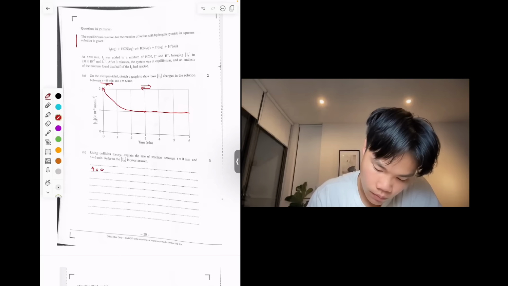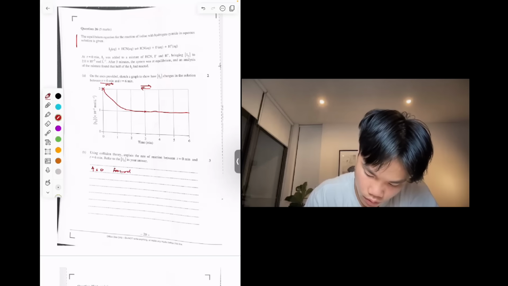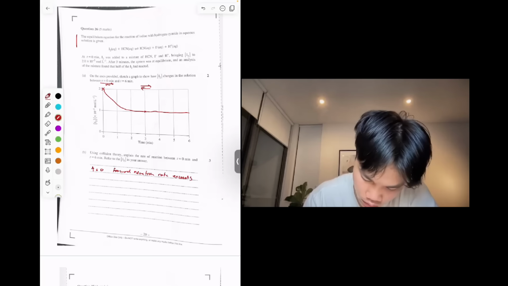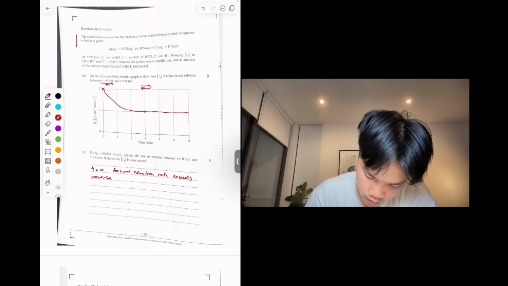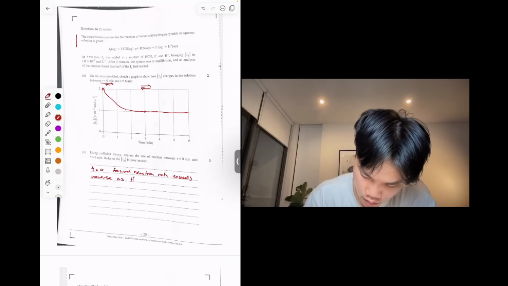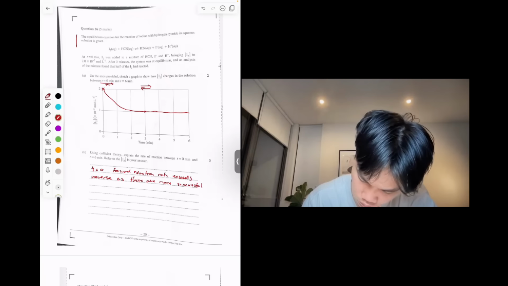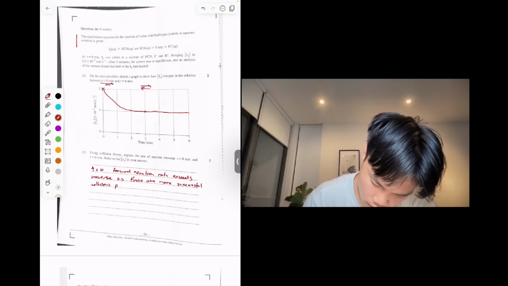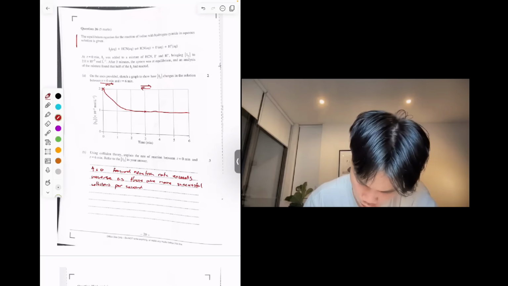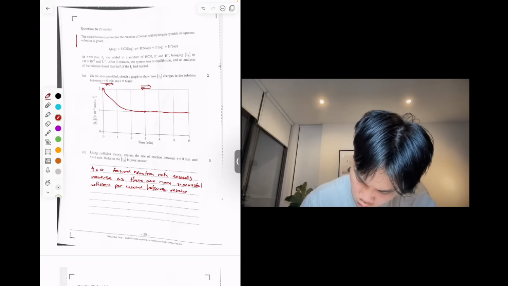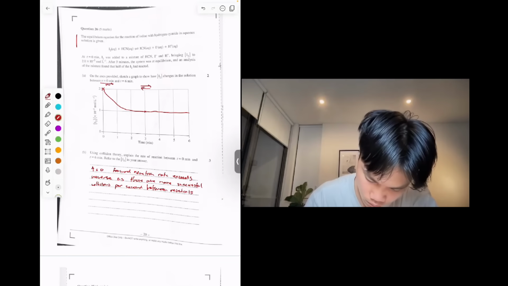So you would say at time equals 0, forward reaction rate exceeds reverse as there are more successful collisions per second between reactants compared to products.